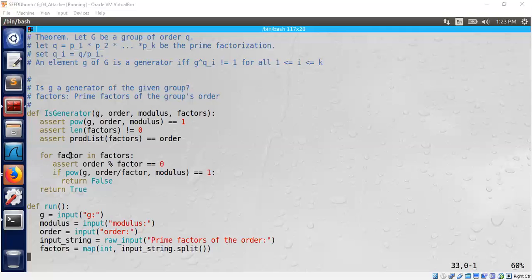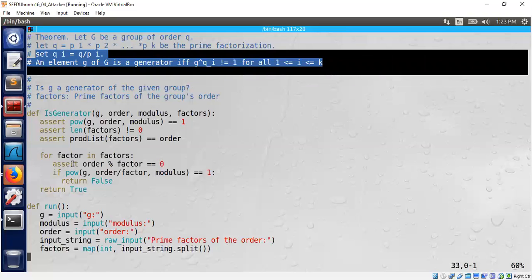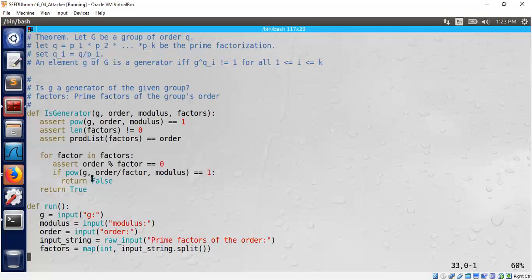Let me explain the for loop now. The for loop is the same as the theorem that you're seeing here; these two lines of the theorem are encoded here. I go through each of the prime factors p1, p2, pk, and check whether g to the power order by factor is 1. Of course, we are working in a finite group, so I have to use the modulus. If you find a 1, what can you say?